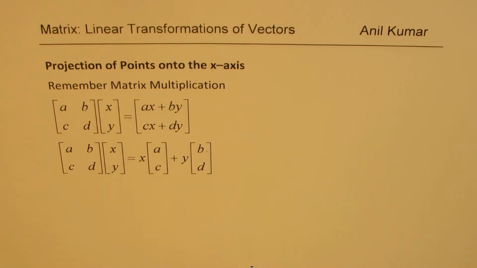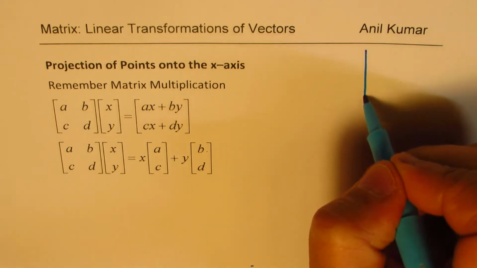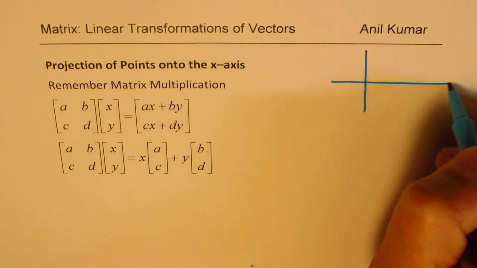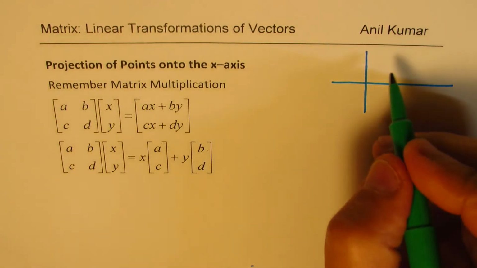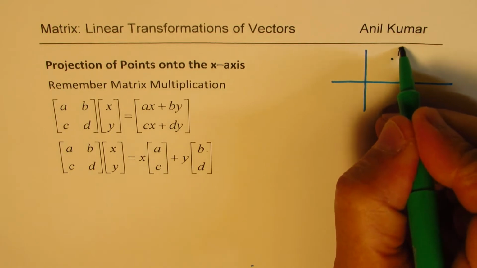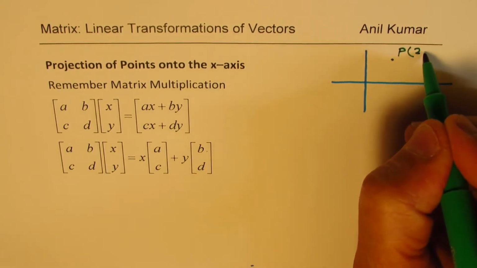Now to understand how to develop our 2 by 2 matrix which could perform projection onto the x-axis, let us explore further. Let's consider again the xy plane and some points on it. So here we have a point P whose coordinates are, let's say, 2, 1.